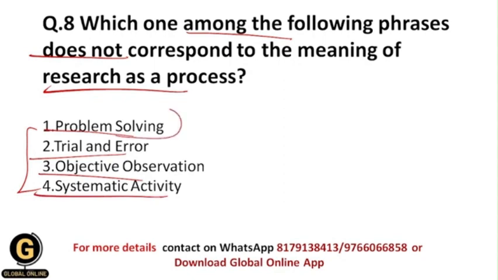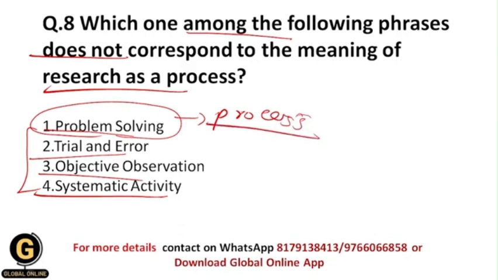So problem solving is basically a whole process in which we solve the problem through different steps, and that's why this is nothing but a process, and problem solving corresponds to the meaning of research as a process. So this option gets eliminated. Trial and error means here we repetitively do the experiments. Okay, it means that we do the trials and after that we get the errors.